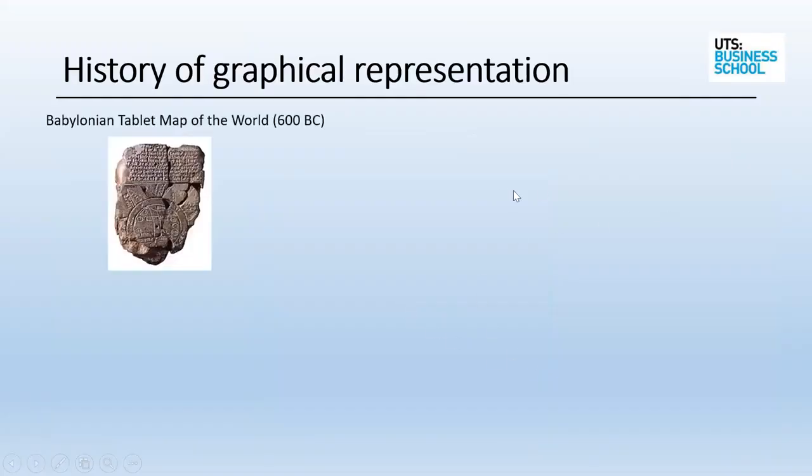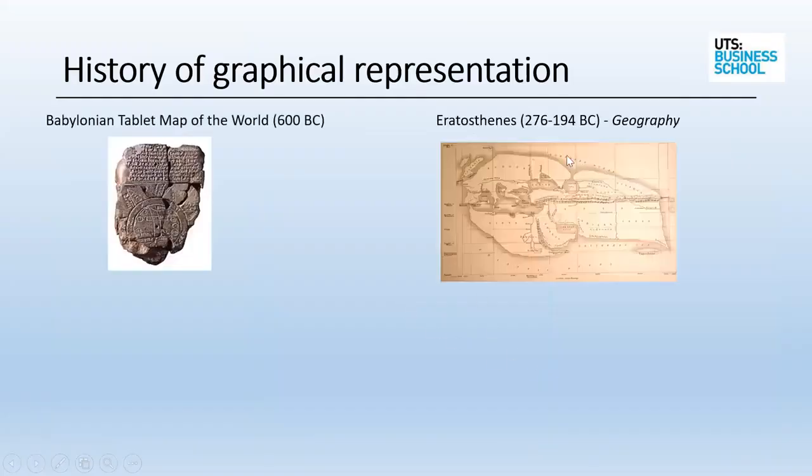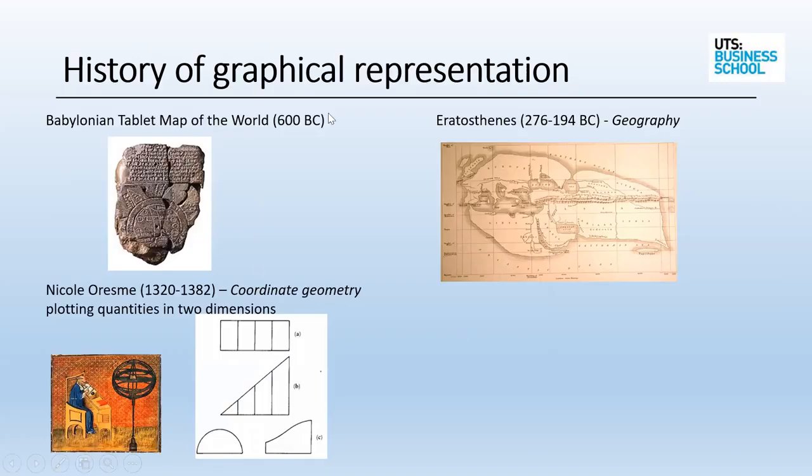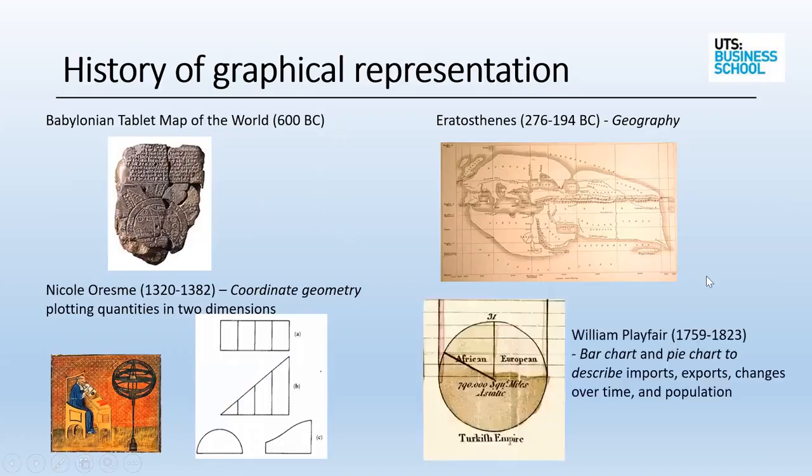History of graphical representation. I'm just going to briefly run through this slide, but the key point to note here is that visual representation has been around for a very, very long time. 600 BC, they had tablets which had maps of the world. How amazing is that? 276 BC, here is another map.